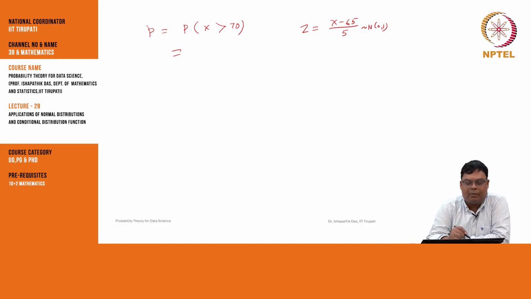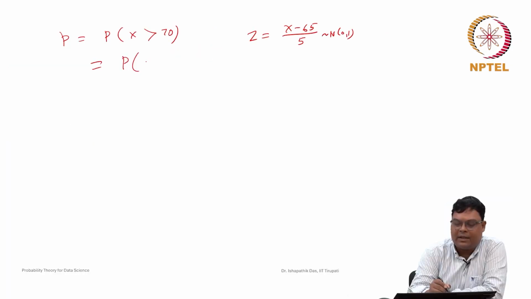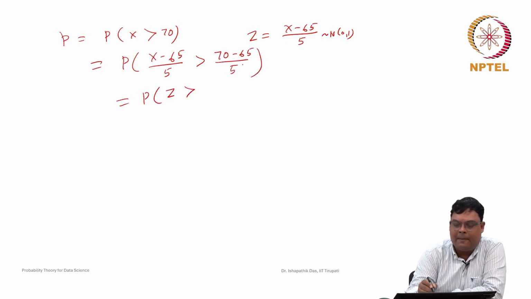So p is equal to the probability that x is greater than 70, which is the probability that (x minus 65) by 5 is greater than (70 minus 65) by 5.